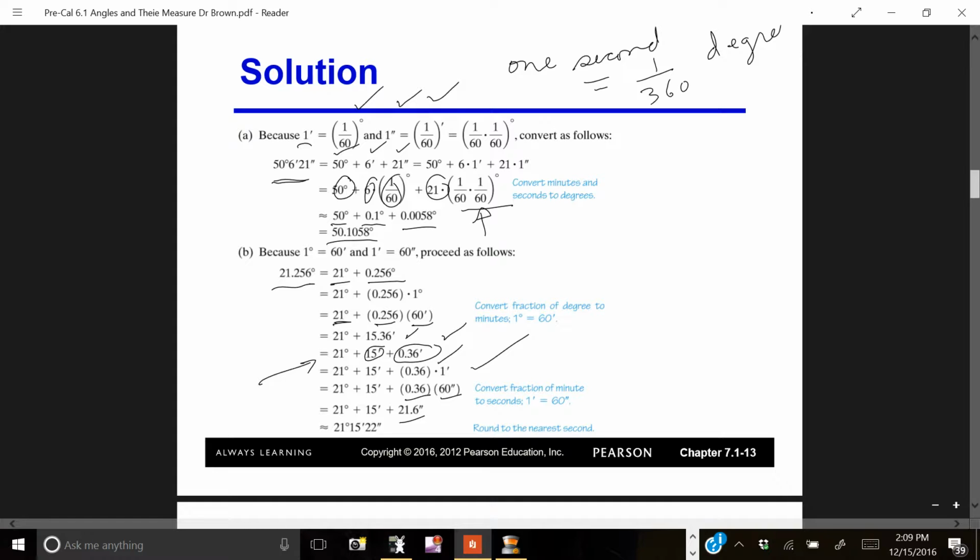So adding all of these up, we get 21 degrees, 15 minutes, and rounding 21.6 seconds to the nearest second would be 22 seconds.